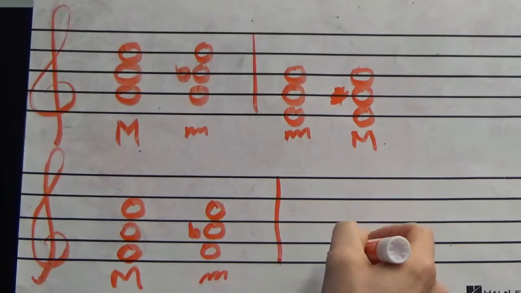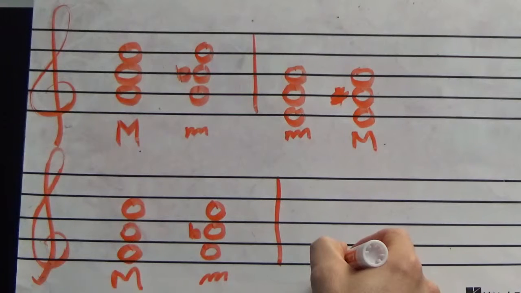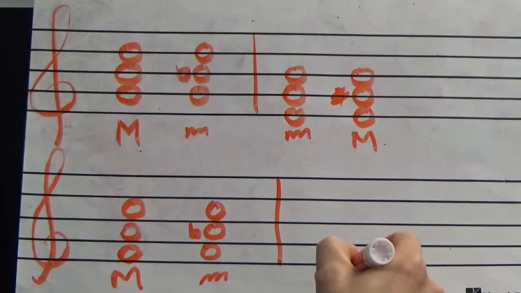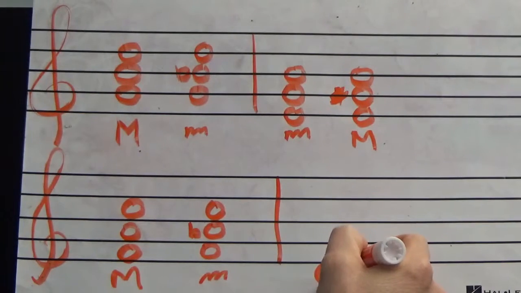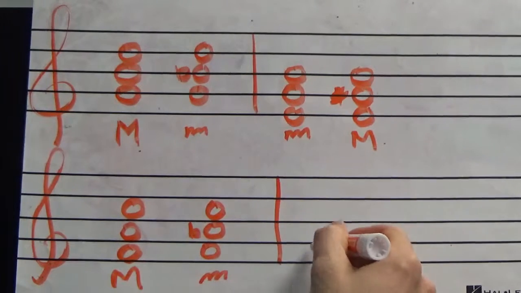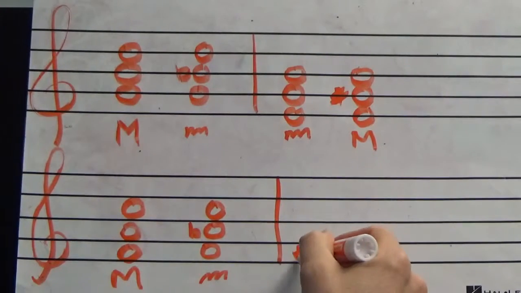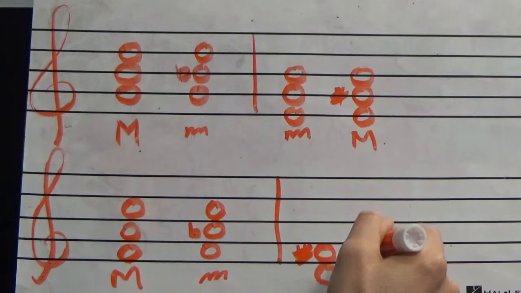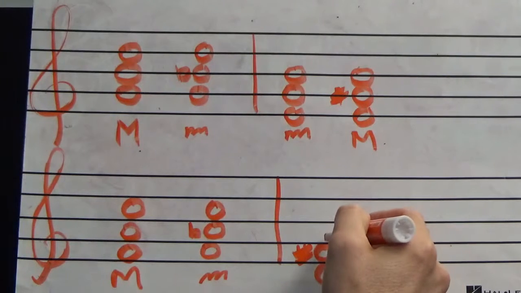And the last pair of chords started on a D. That sounds major. Let's see, D to E is a whole step. E to F is just a half step. So to make it major, I'm going to have to lift that F up to an F sharp. Otherwise, D to F would be a minor third.